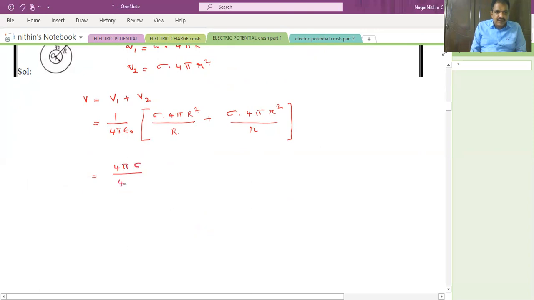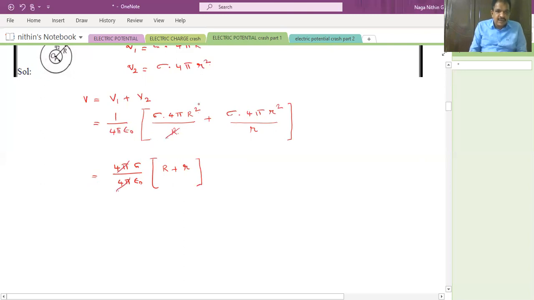Here 4 pi epsilon naught is there. And one R will cancel here. Here capital R will remain. Here also small r will cancel it. But there small r will be there. 4 pi cancels.